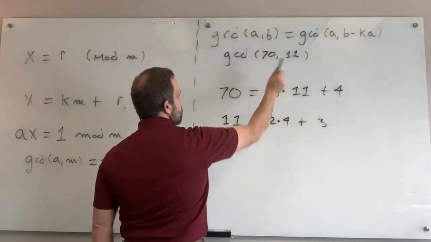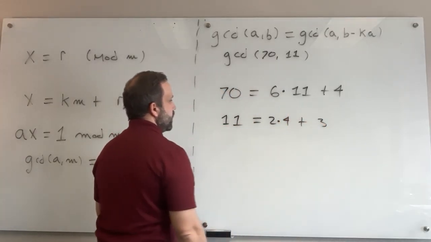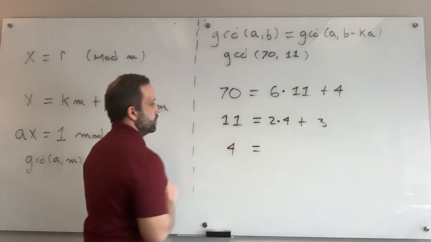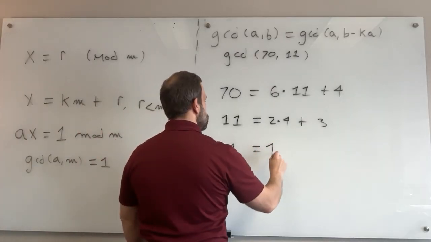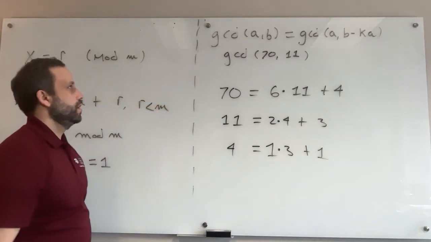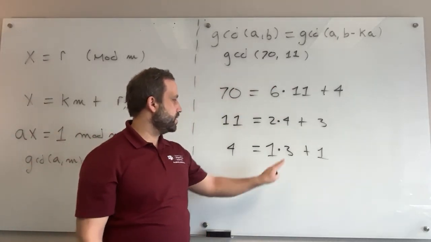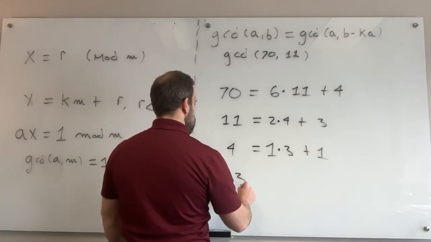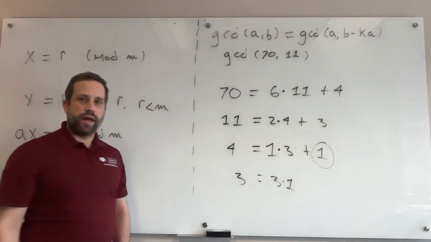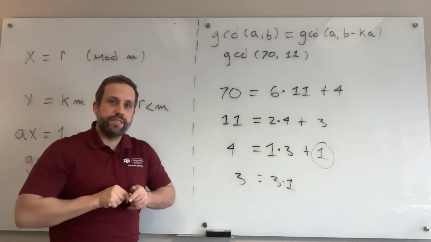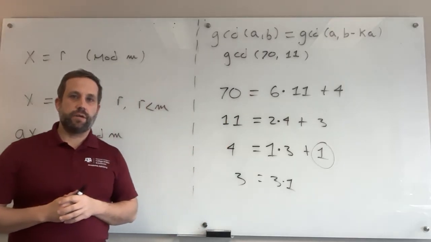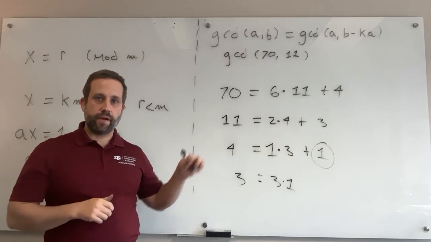So the GCD of 70 and 11 is equal to the GCD of 11 and 4, which is equal to the GCD of 4 and 3. Then 4 is equal to 1 times 3 plus 1. So the GCD is equal to the GCD of 3 and 1, and 3 is equal to 3 times 1. So the GCD of 70 and 11 is equal to 1, which of course we can check by inspection, because 11 is prime and 70 is not a multiple of 11. 11 does not divide 70.